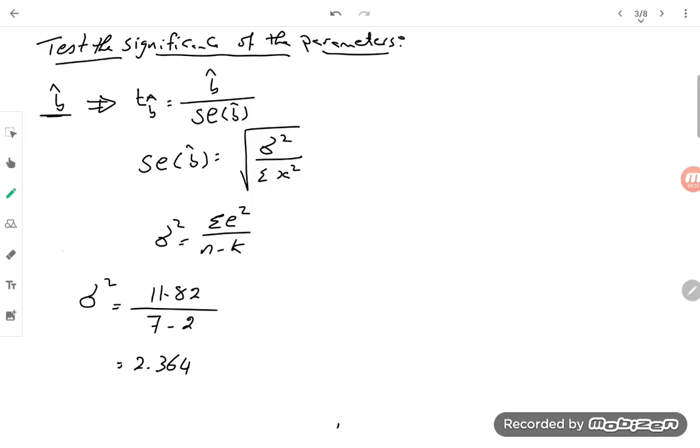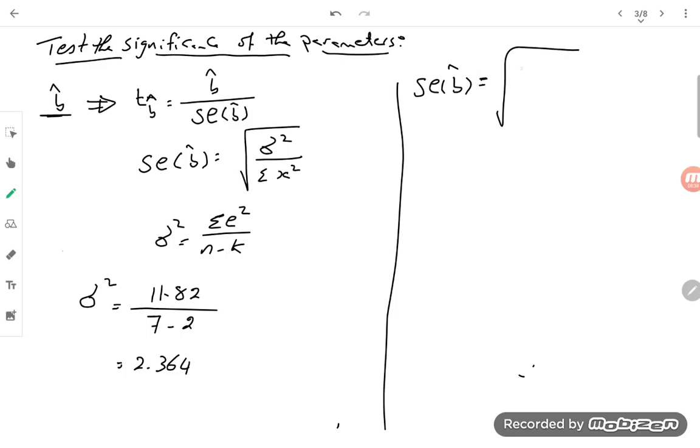Now we can substitute in the standard error equation, where sigma squared is 2.364 and summation small x squared is 49.71. So we get the standard error as 0.22.